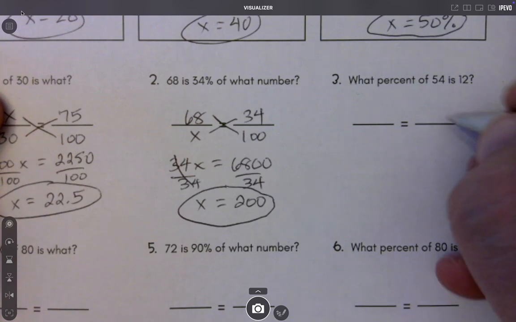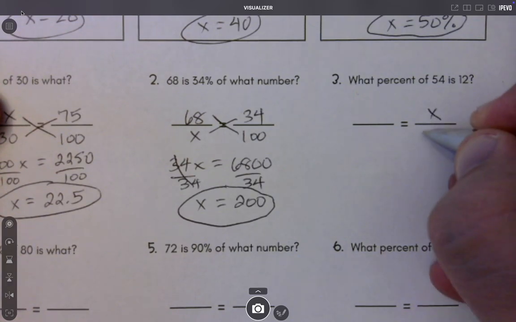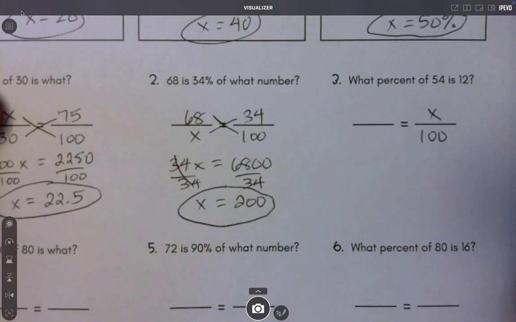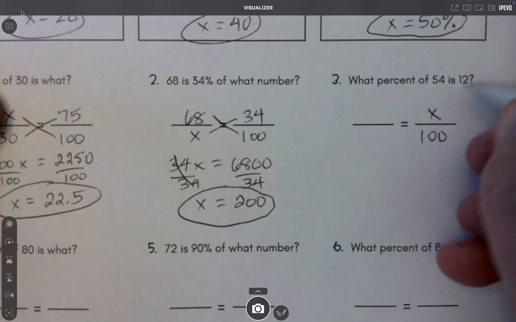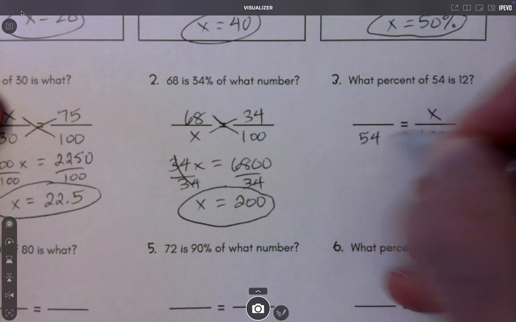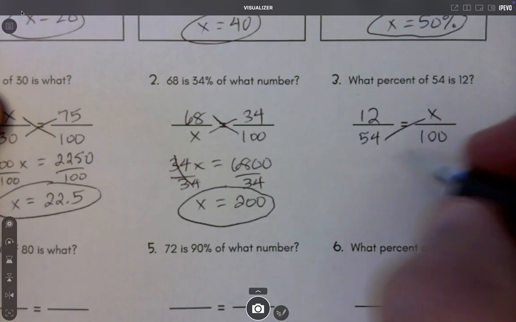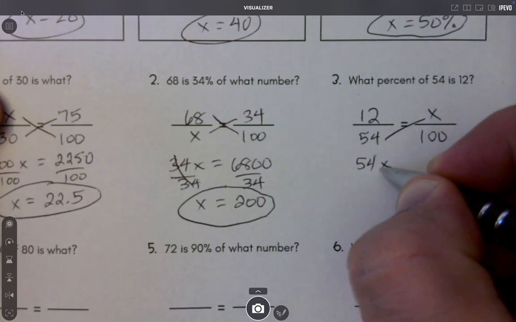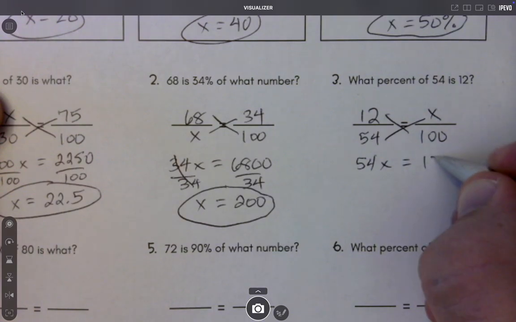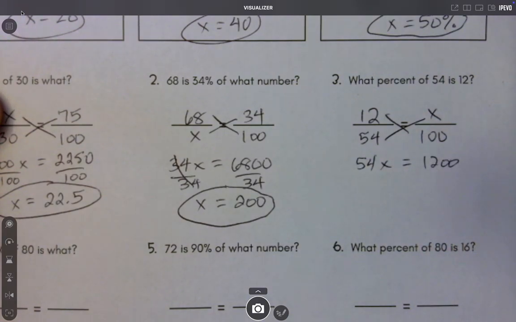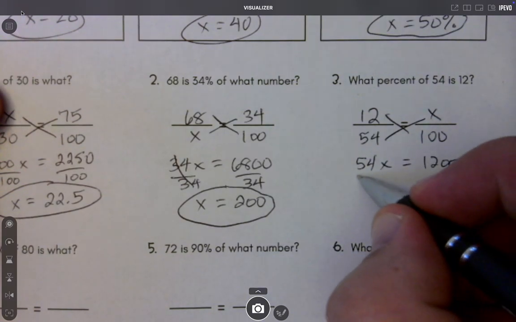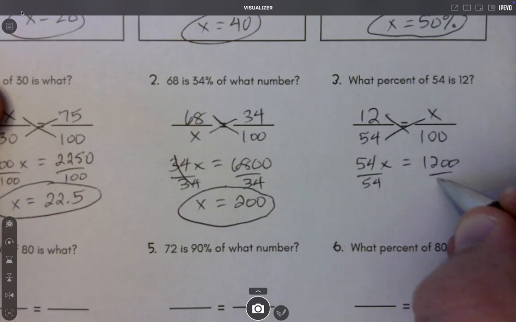Okay, what percent? So this is where the x goes. We know 100 goes here. Of 54 is 12. So of goes on the bottom, so it's the whole. Is goes on top, so it's the part. So we cross multiply. 54 times x equals 12 times 100. So we divide both sides by 54.